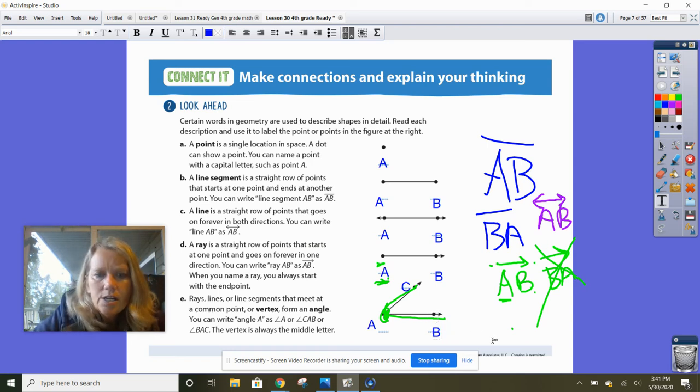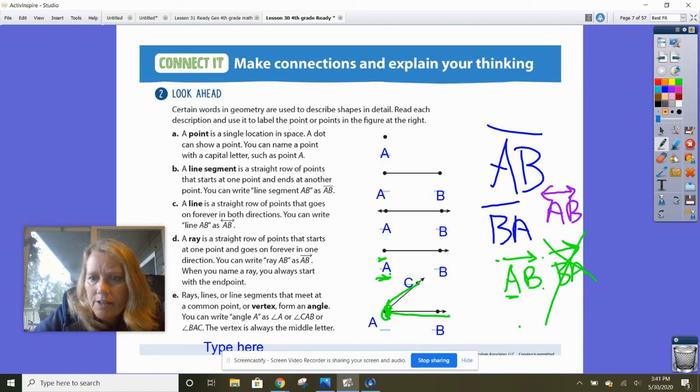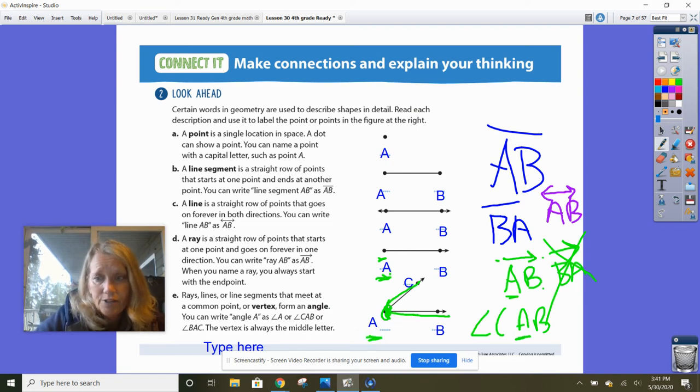Very important. So this is angle CAB or BAC. See the 2 ways that they give there? And you just put this little tiny symbol of angle. I could write angle CAB, and it has to be in order. The A has to be in the middle because the A is the vertex. Or you could call this angle BAC. See how A is in the middle? That's how you get those angles there.